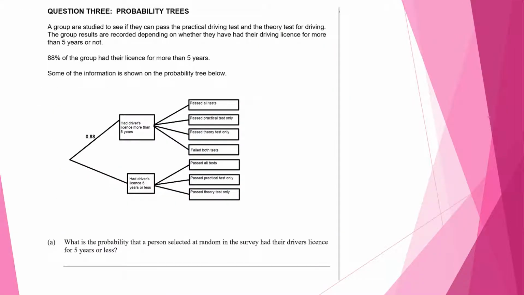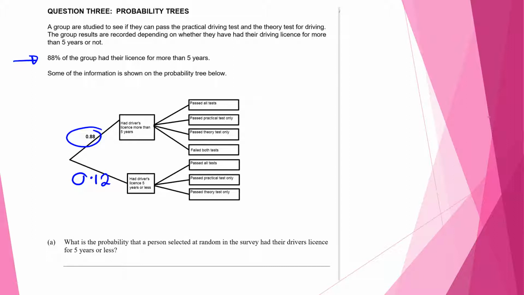Question 3 is on probability trees. When we read through the information in the intro, we can see that 88% of the group have had their driver's license for more than 5 years. So that's this probability indicated on the tree here. The alternative is having it for 5 years or less, so it can only be one of those two options.